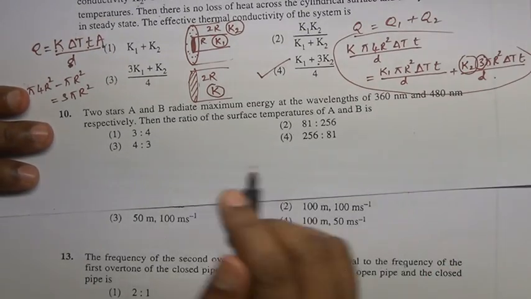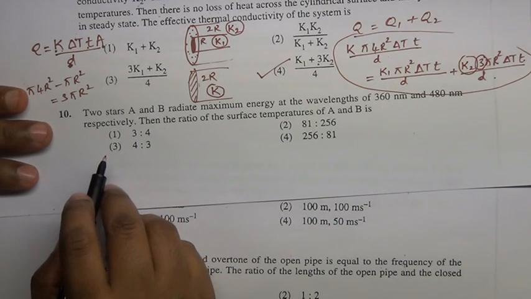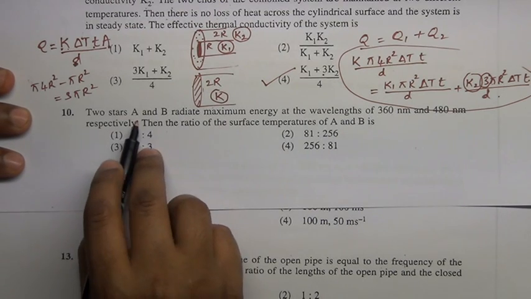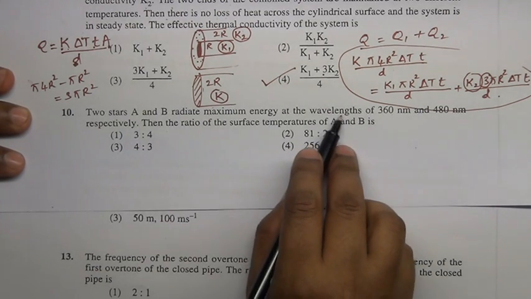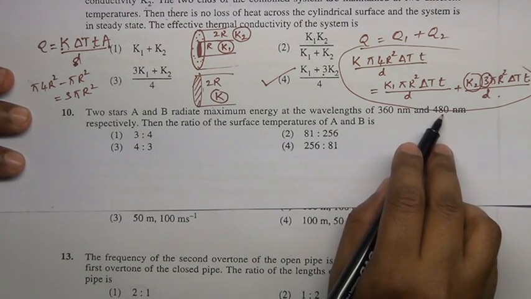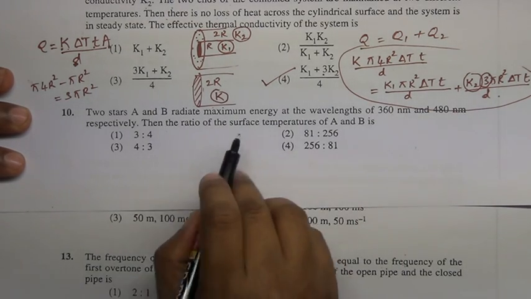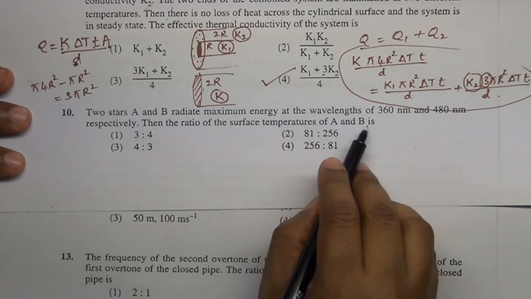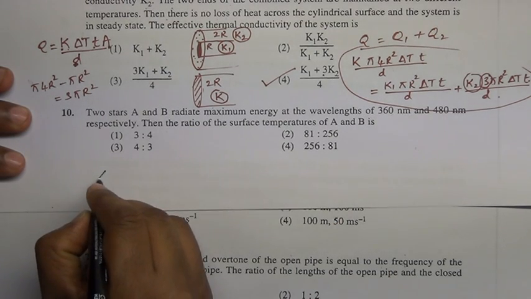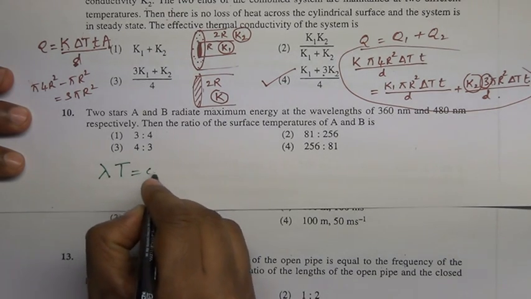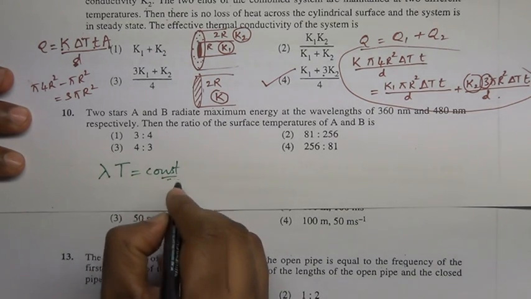Next, two stars A and B radiate maximum energy at wavelengths 360 nanometer and 480 nanometer respectively. Find the ratio of surface temperatures of A and B. Wavelength of light into surface temperature is a constant.